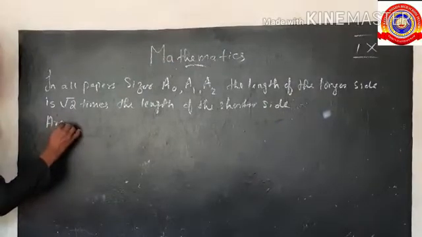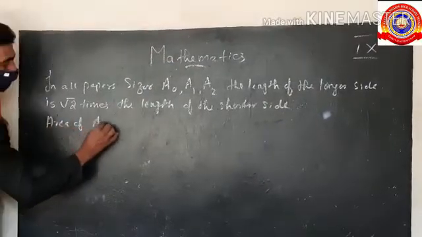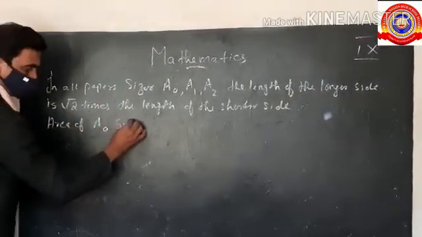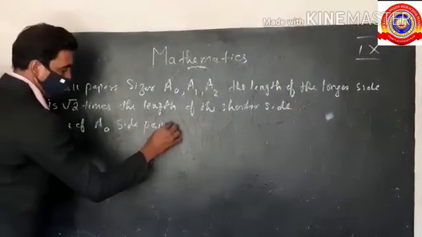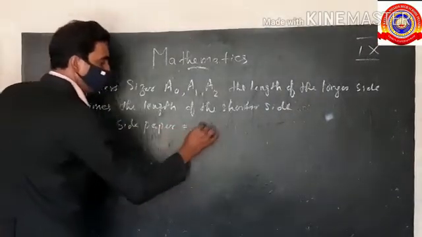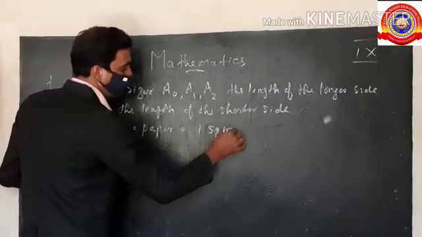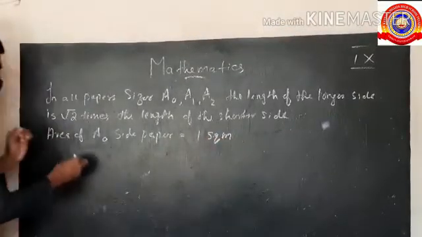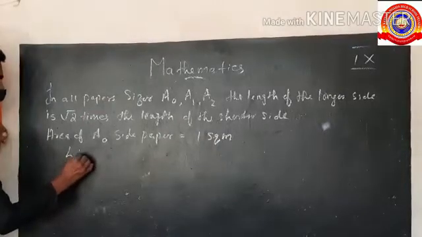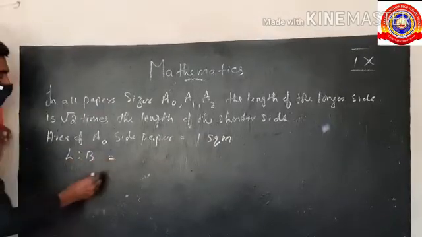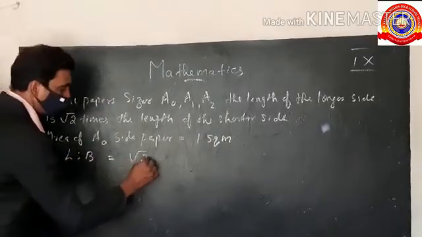Area of A0 sized paper is equal to 1 square meter. That is, length is to breadth is equal to √2 is to 1.